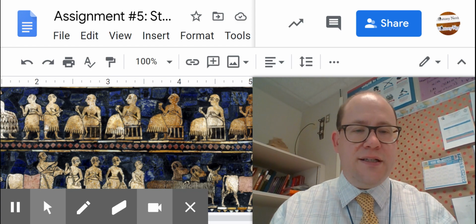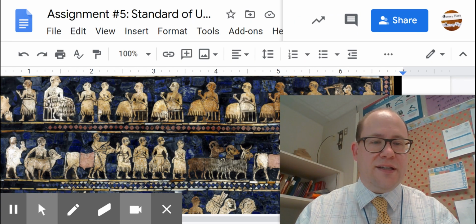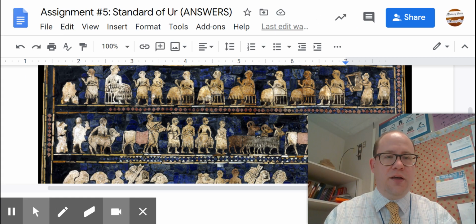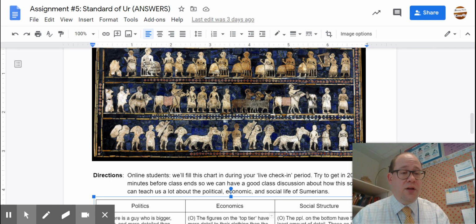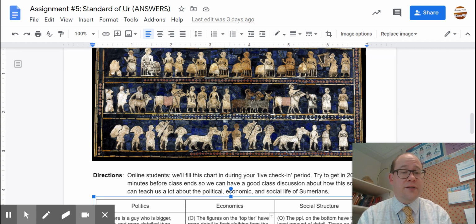That probably suggests, but ooh, let's get rid of my big huge head, that the level of detail is how important that figure is. So that might mean that this is the social structure: your upper class, your middle class, and your lower class.